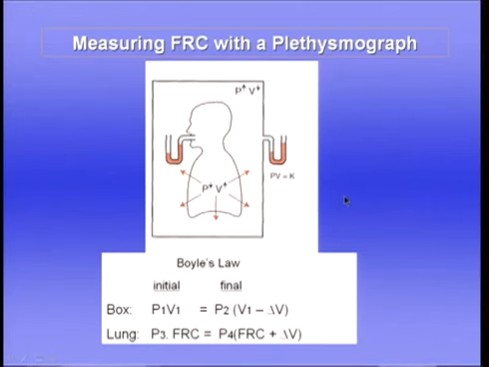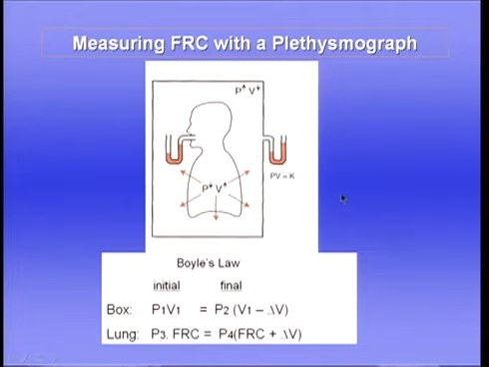Now that's a little bit complicated, and I'm sure some of you will want to sit down later on and work through it yourself, but it's basically an application of Boyle's law to two situations. First, the gas in the plethysmograph, and secondly, the gas in the lung. This, incidentally, is a method that's used very extensively, because although it looks rather complicated for us, for the subject it's very simple.